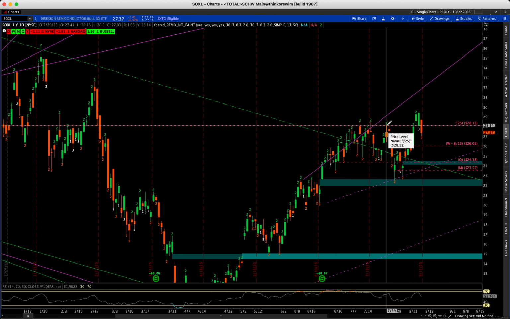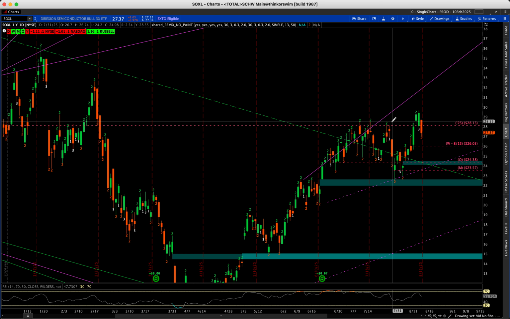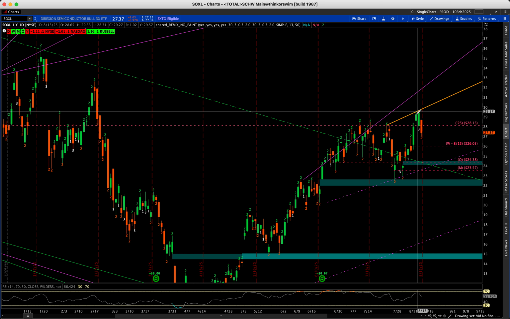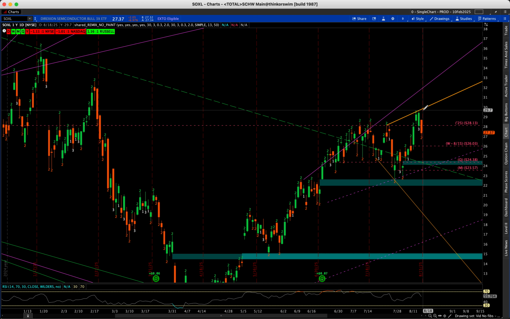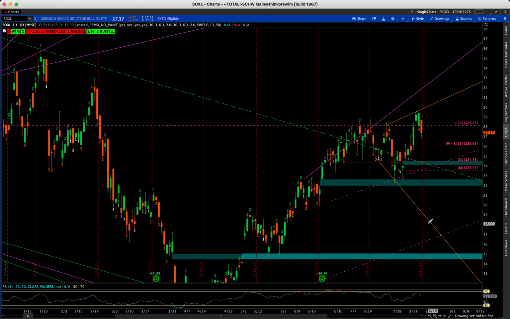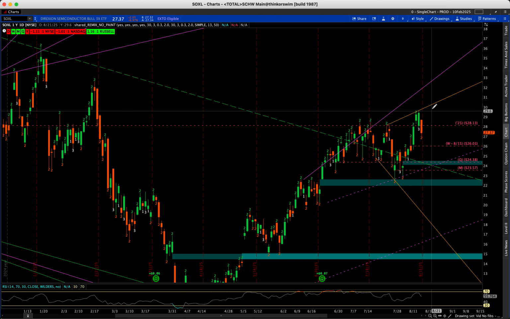What it is doing is creating a broadening formation again. So we have a high to a higher high and a low to a lower low, which creates a broadening formation. And it just shows that the range is expanding, right? So we still haven't chosen the direction, but the range that we're trading in is expanding.